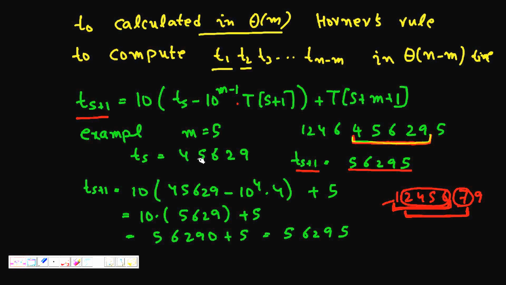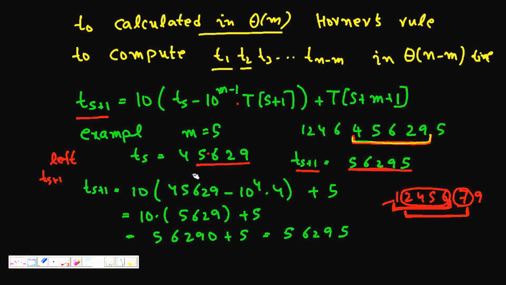First, we want these four digits to all shift one place to the left. So they have come here. 5 was being multiplied by 10 to the power of 3, and now it's multiplied by 10 to the power of 4. So a left shift of 1 is happening in ts plus 1 for all the digits.